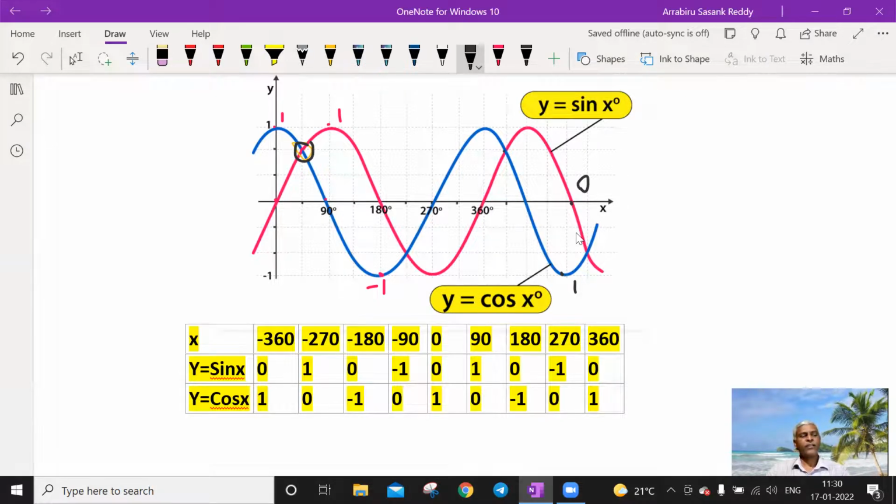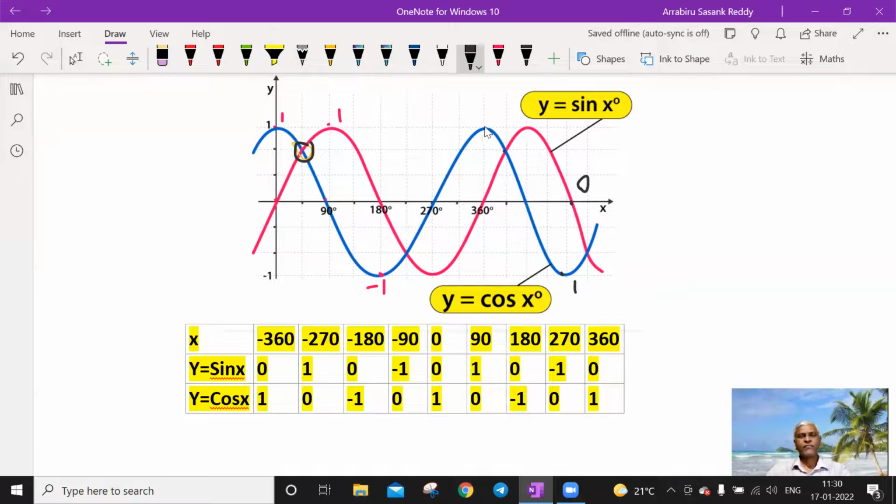So in graphical depiction, if you draw the graph of any function, it will be easy to analyze it. So many things you can understand by observing the graph. So the range and the period. The period of the function is 2 pi. So this one to this one is 360 degrees.